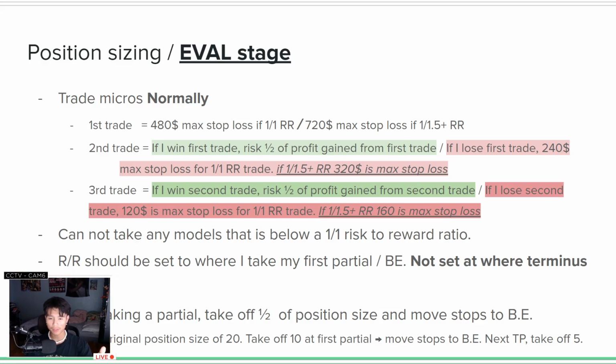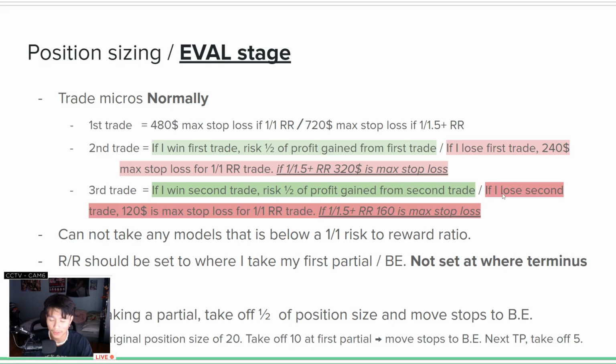My third trade, let's say I win my second trade, same thing. I'm only going to be risking half of the profits I gained from my second trade. Like I said, this helps me keep my profits, because you're never guaranteed any trade. So risk management is extremely important, and it helps you stay in the game. But let's say I lose my second trade too.